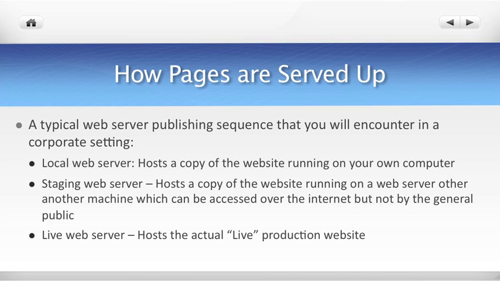You'll then publish those updates to what's referred to as a staging web server, which is essentially a copy of the web server on a different machine, available on the internet, but not to the general public, usually behind a corporate firewall. It's essentially a testing ground.